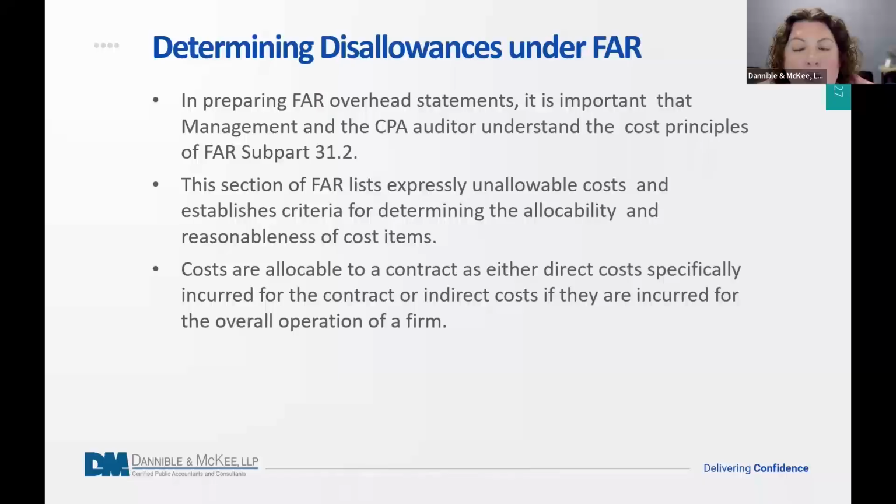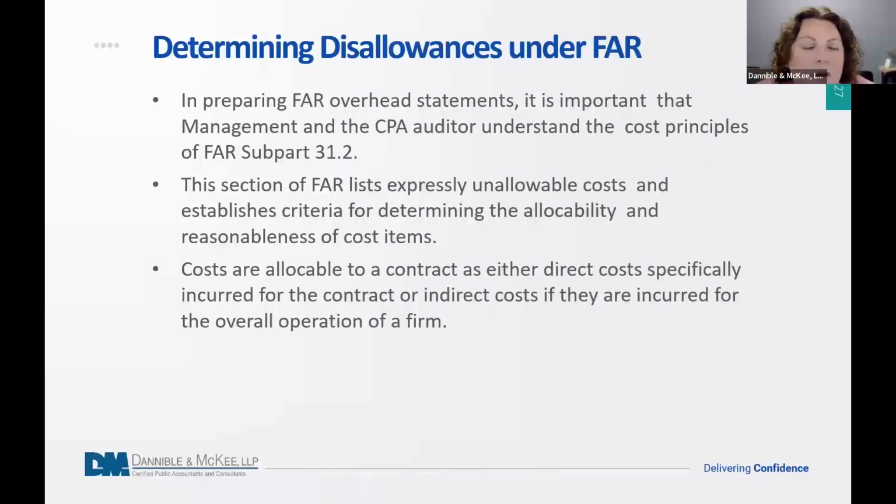And they are going to come in and do a lot more work to tear apart your FAR overhead rate audit. So that's why it's really important. And we're going to talk about what a qualified CPA auditor is, and certainly why Daniel McKee is the best one around. So this section of FAR really expressly dictates what's unallowable costs.